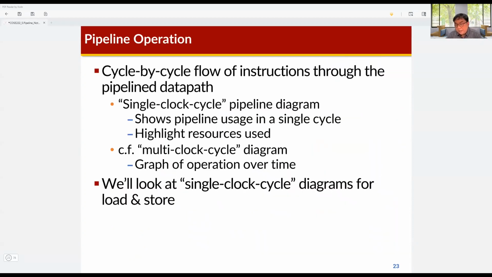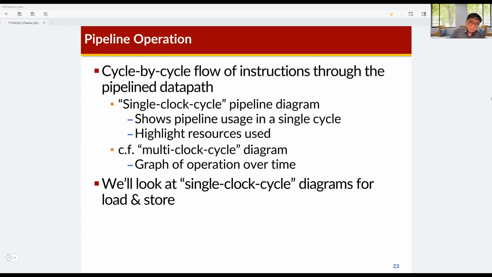And then let's see how instructions are performed inside of a pipeline processor. We can use the single clock cycle diagram or the multi-clock cycle diagram. In a single clock cycle diagram, we just show how instructions are performed during a single clock period.